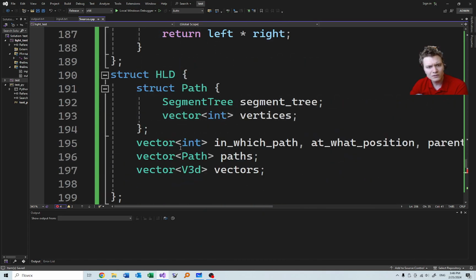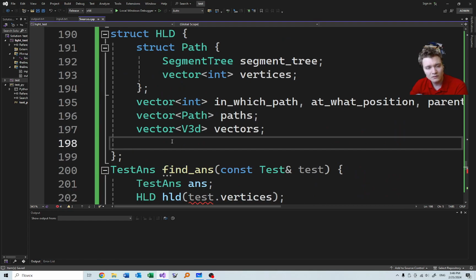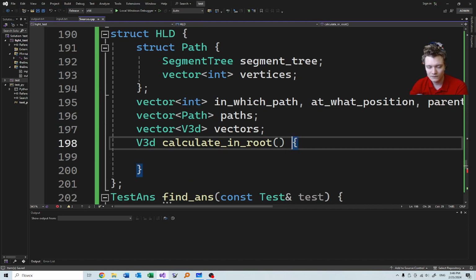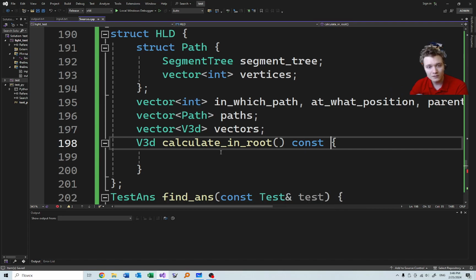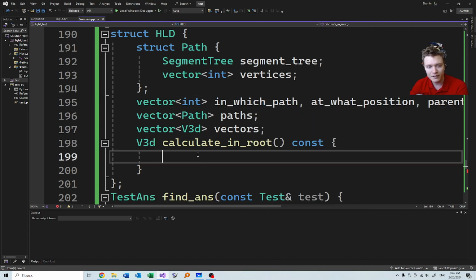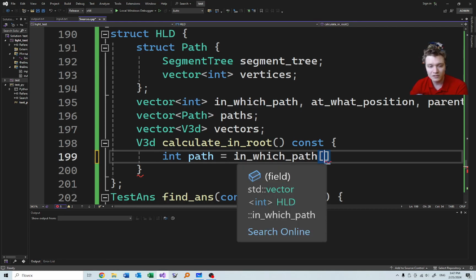So calculate in root is the easiest one. Let's write it. v3d calculate in root. So what do we need? We know that root is the vertex number 0. So first of all, we need to find the path in which this vertex lies.